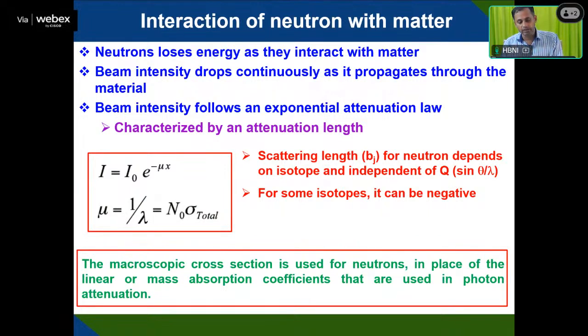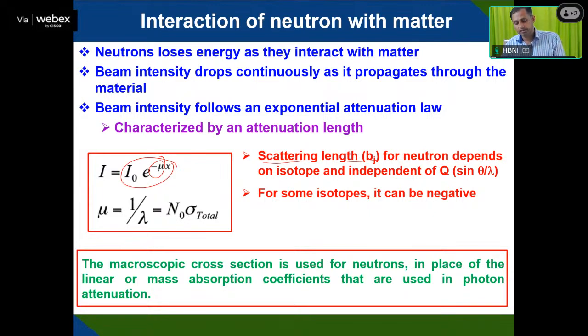And for this neutron interaction, like X-ray attenuation, I equals I0 e to the power minus mu x, and this coefficient mu itself depends on the material. So the neutron loses energy as it interacts with matter, and this is characterized by the attenuation length, which means the scattering length.